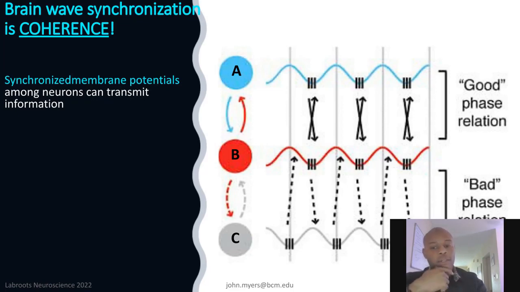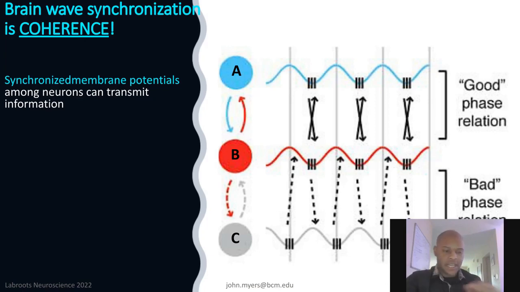The reason why we call it coherence is because the theory is that when a given population of neurons synchronize with another given patch of neurons or group, let's say cell group A and cell group B there, whenever they synchronize, they share information. So their membrane potentials can oscillate in a kind of song or a symphony.